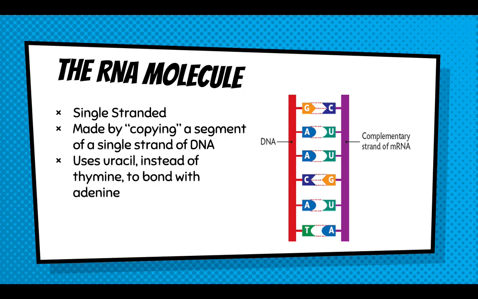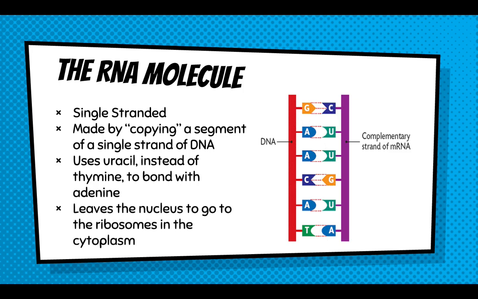It uses uracil instead of thymine to bond with adenine, and it leaves the nucleus to go to the ribosomes in the cytoplasm. So that should tell you if it's going to the ribosomes, it must be used in making proteins. So the RNA molecule can leave the nucleus, and its single-stranded nature is what allows it to do that.